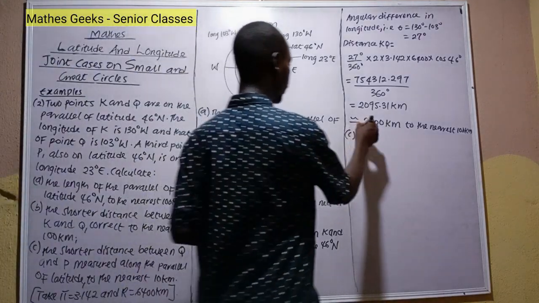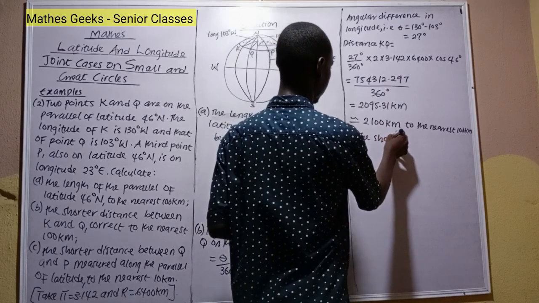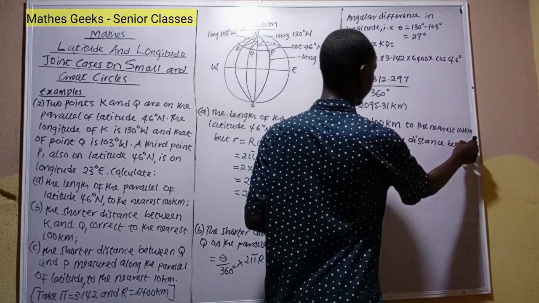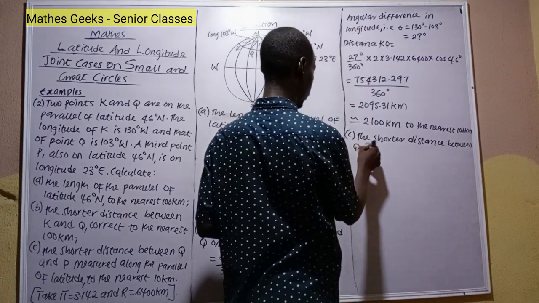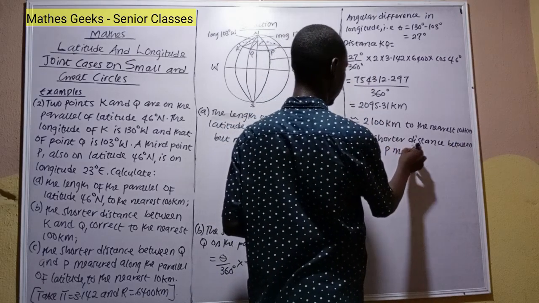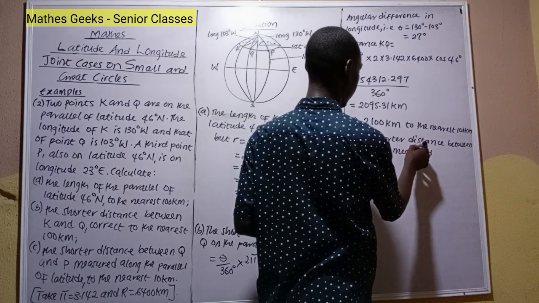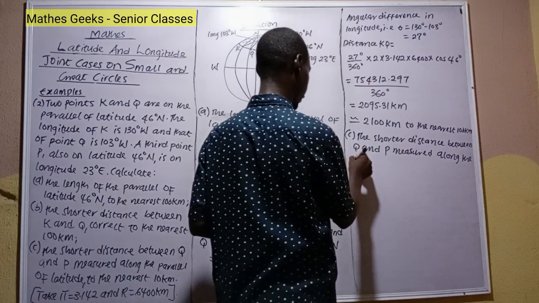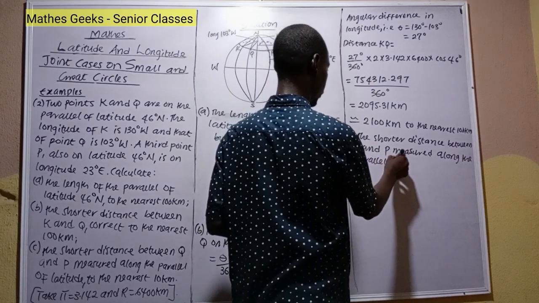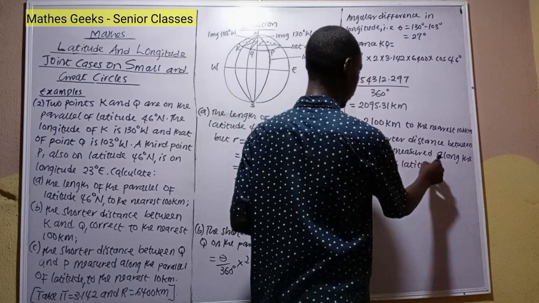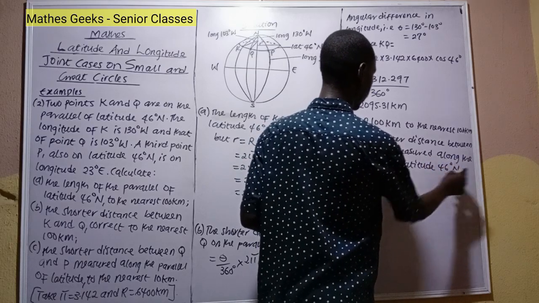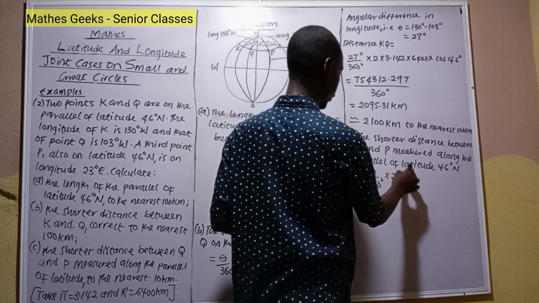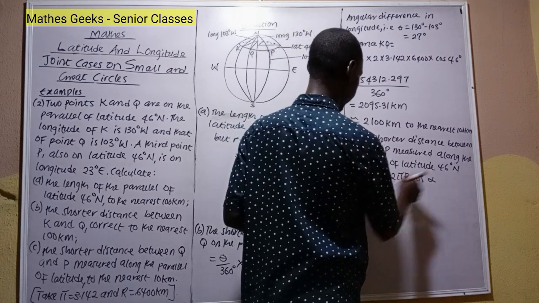The shorter distance between Q and P measured along the parallel of latitude 46 degrees north is theta over 360 degrees times 2 pi R cos alpha.